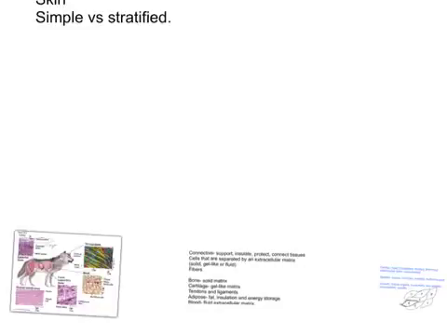The other thing about epithelial tissue is that it is named and classified based upon the cell shape. It can come in three different shapes.